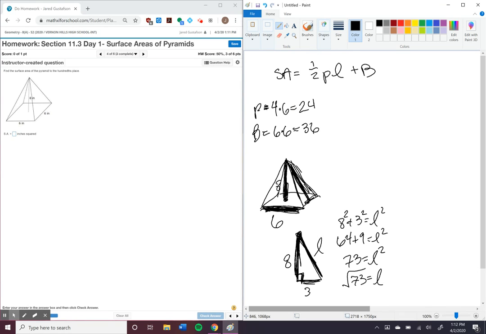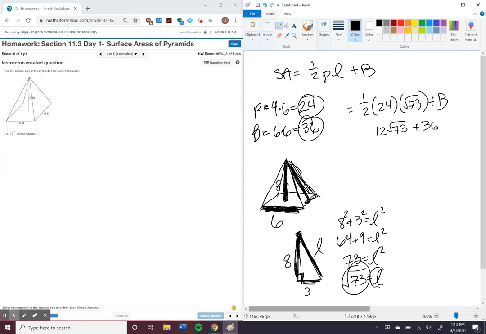Now it wants us to round, so I'm going to plug these 3 numbers into our formula, and I'll round right at the end. So this is going to be 12 times the square root of 73, and we're going to add that to 36.